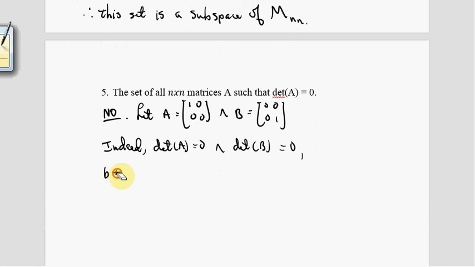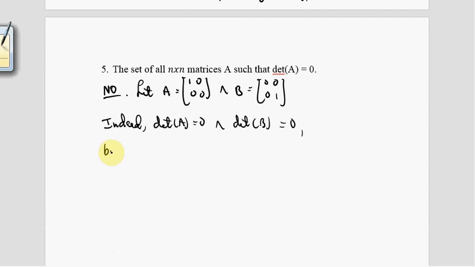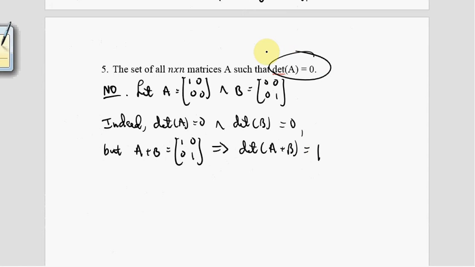But A plus B equals [1, 0; 0, 1], which implies that the determinant of the sum is equal to 1, not 0. So what they're saying is that for square matrices of the same size, if the determinant of each is 0, is that also true of the sum of the matrices? It's not true.